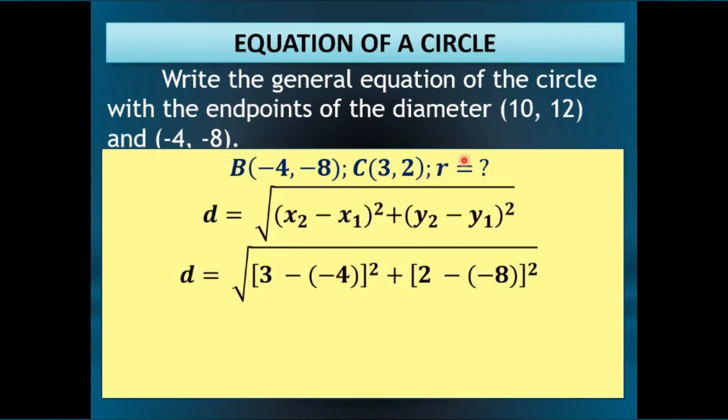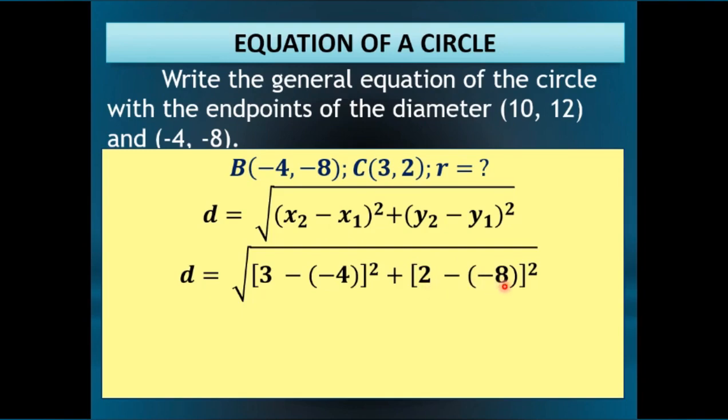By substitution, we have 3 minus negative 4 quantity squared plus 2 minus negative 8 quantity squared, and then we take the square root. Simplifying this, 3 minus negative 4 becomes 3 plus 4. That becomes 7. So we have 7 squared. And then the other part, we have 2 minus negative 8. It becomes plus. So 2 plus 8 will become 10.